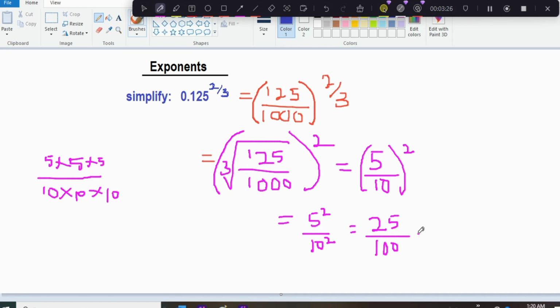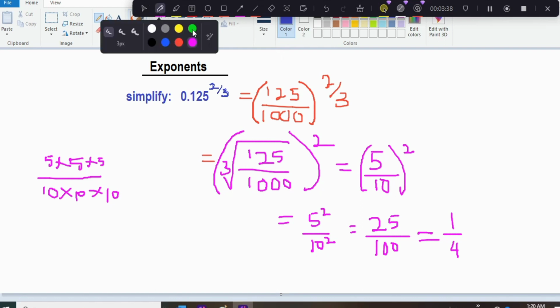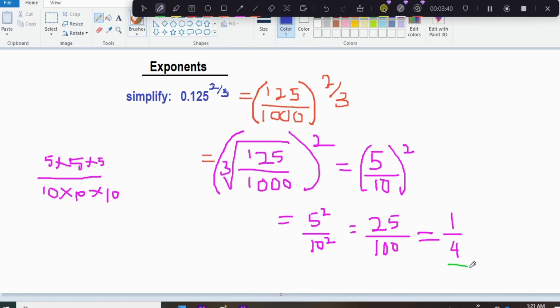And then our final answer: 25 over 100, dividing by 25, gives 1 over 4. With this, we have simplified the exponent.